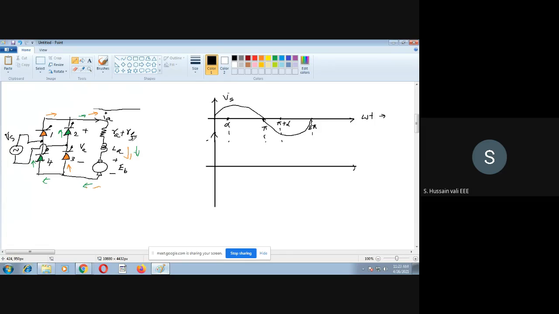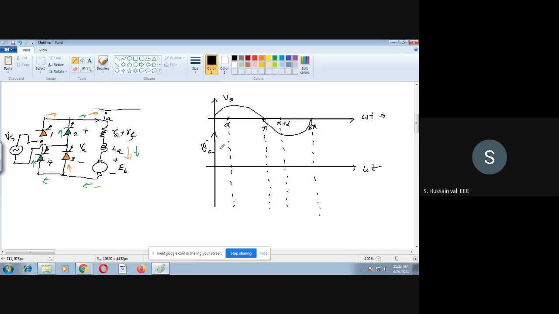This is discontinuous conduction mode. This is omega t, whereas this is Va.